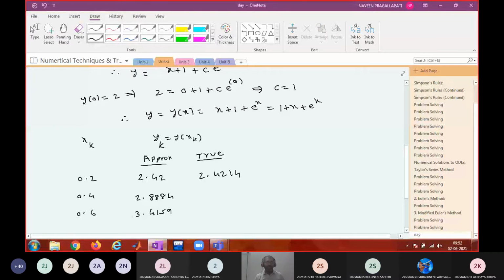Next, y of 0.4: 2.8918. y of 0.6: 3.4221. Okay, now you may find out absolute error also.